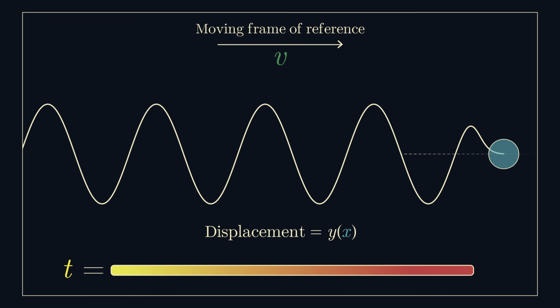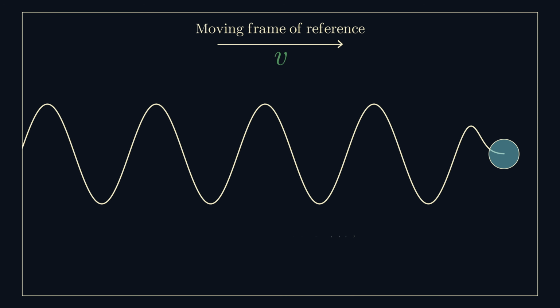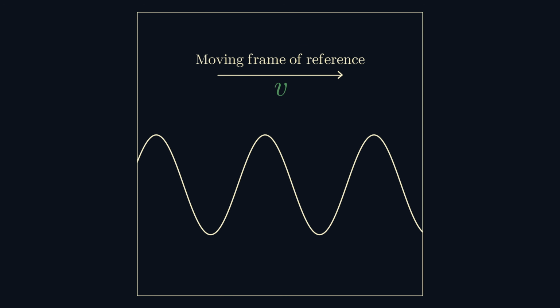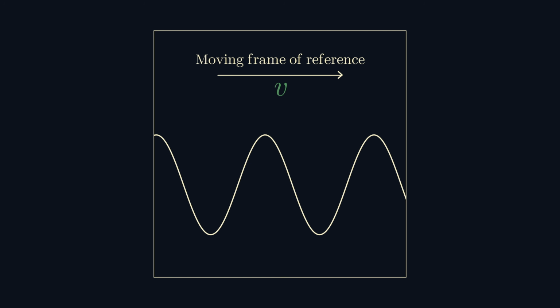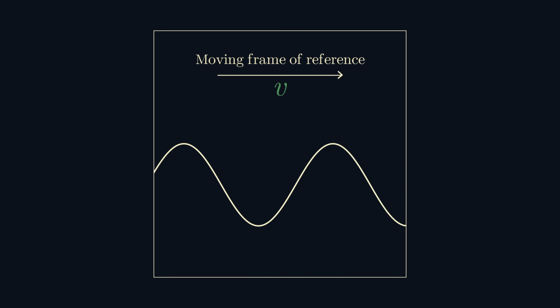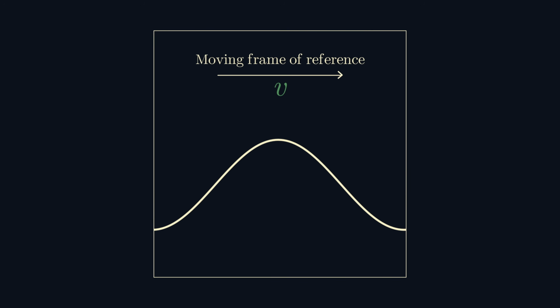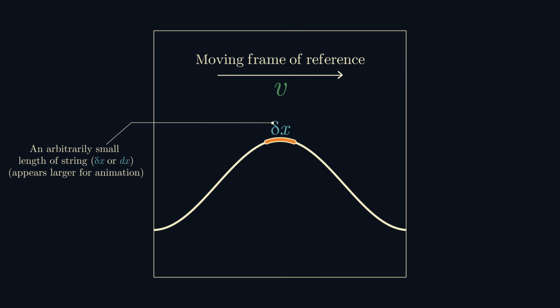We're now ready to start solving this problem. It's difficult to consider the entire wave as a whole, so let's zoom in to one small length of string at the peak of a wave. Label this so-called infinitesimal length of string delta x or dx, which I'll use interchangeably throughout this video.